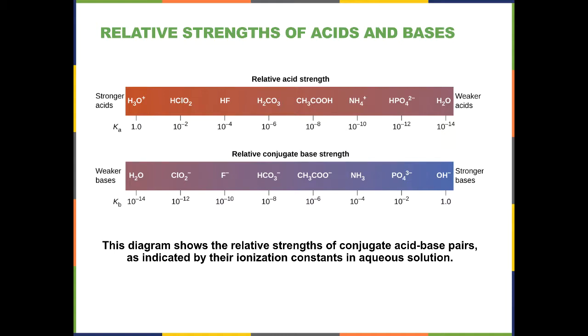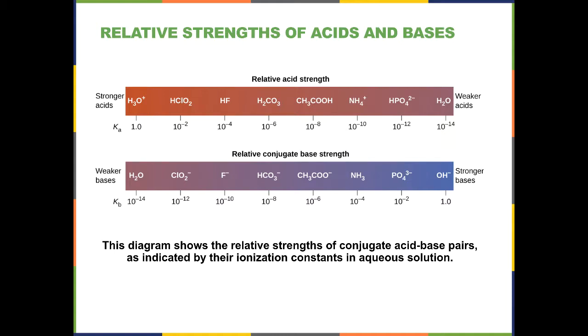The strong acid HClO2 is associated with the weak base ClO2 minus. Going to the other end on the right side, a weak acid H2O is associated with a strong base, the hydroxide ion. A weak acid HPO4 2 minus is associated with a strong base PO4 3 minus. A weak acid NH4 plus, or ammonium, is associated with a stronger base NH3.